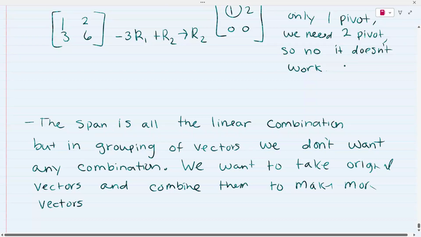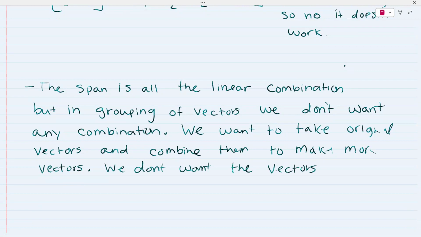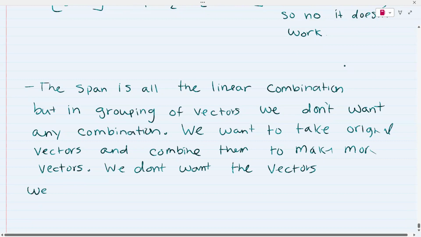We don't want the vectors we are starting with to be all alike.